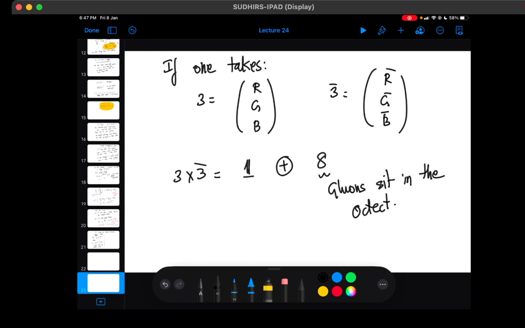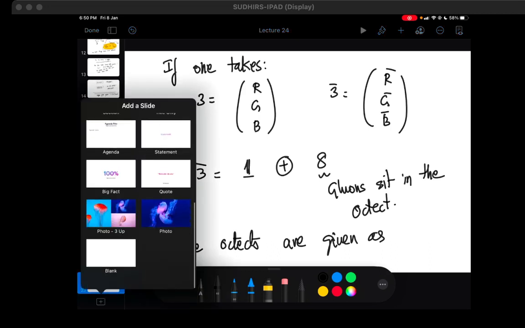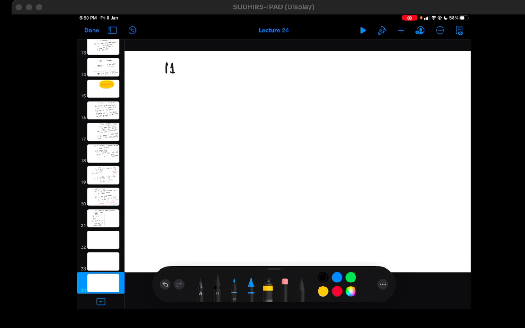These octets are given similarly to the generators of SU(3), the Gell-Mann lambda generators, and you can actually write them down. So the first state would be RB bar plus BR bar.